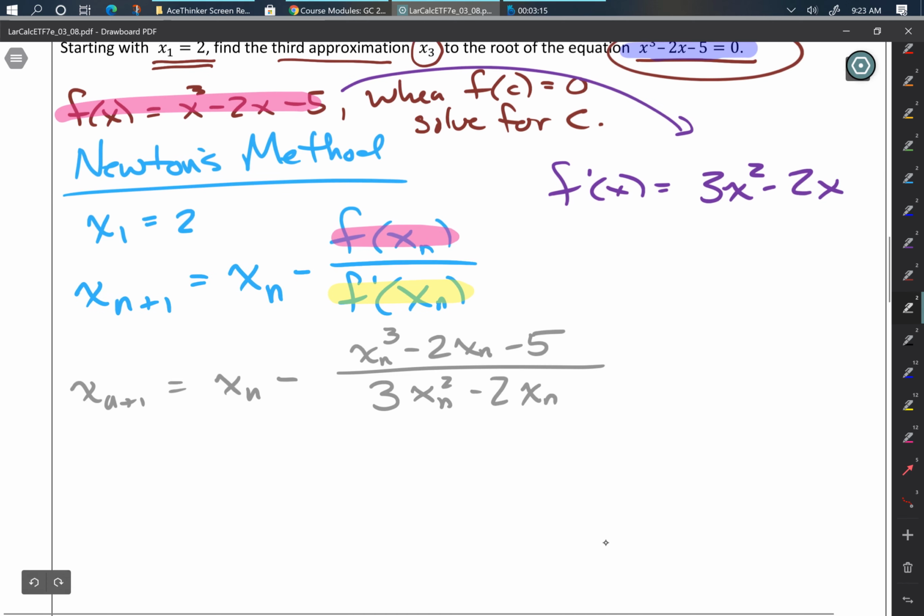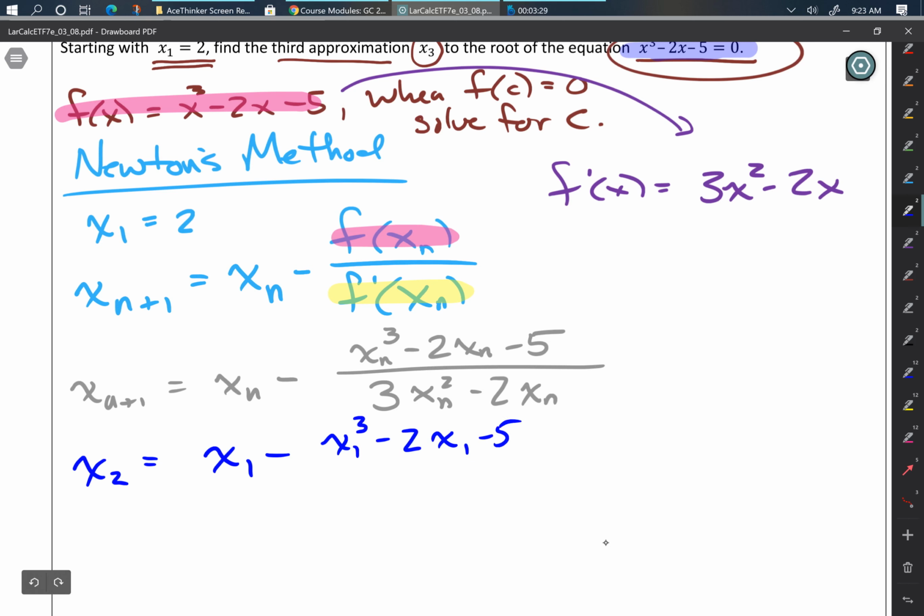And we're supposed to find the third approximation. We already have the first approximation, so let's go ahead and find that second approximation. X sub 2 is going to be equal to x sub 1 minus x sub 1 cubed minus 2 times x sub 1 minus 5 divided by 3 times x sub 1 squared minus 2 times x sub 1.